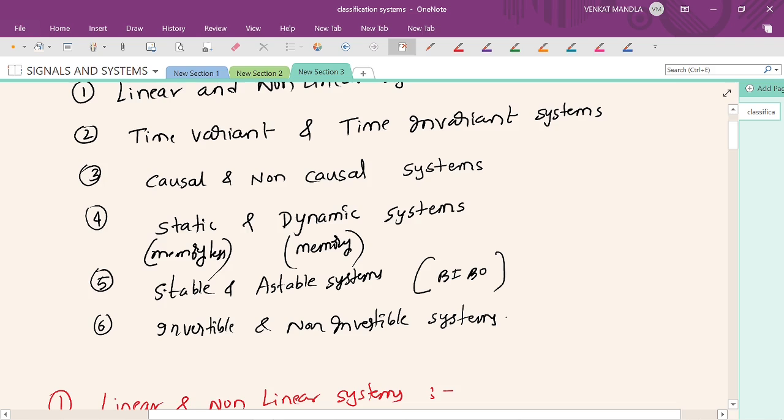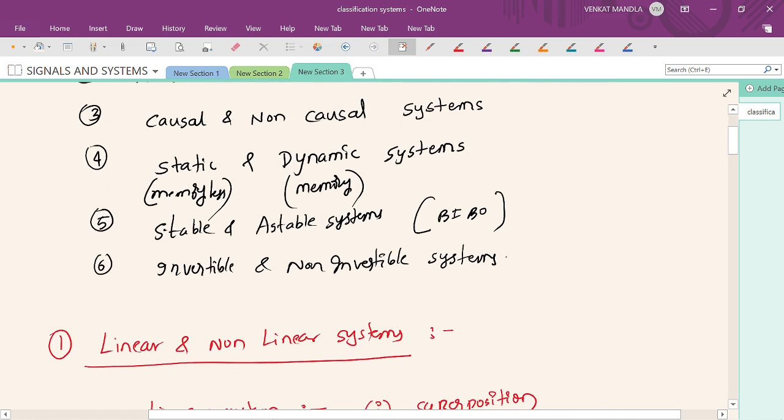So the system is memoryless or static. For a dynamic system, if the present output depends on past inputs or past outputs, then the system is called dynamic or memory.